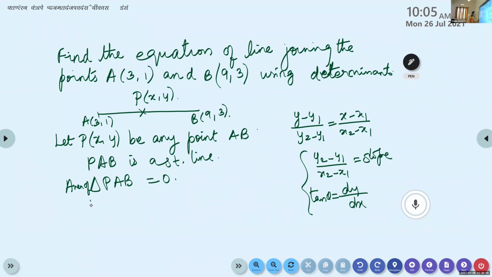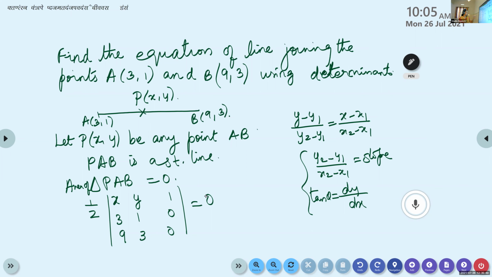So that is half into the determinant with rows x, y, 1; A is the point 3, 1, 1; B is the point 9, 3, 1, equal to 0. Is it correct? Half into the determinant x1, y1, 1, x2, y2, 1, x3, y3, 1. You take the first point as x1, y1, the second as x2, y2, and the third as x3, y3.